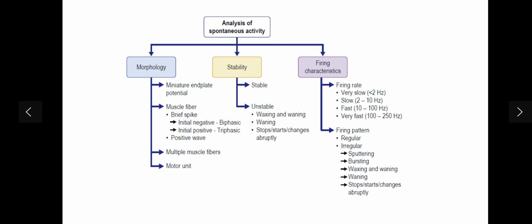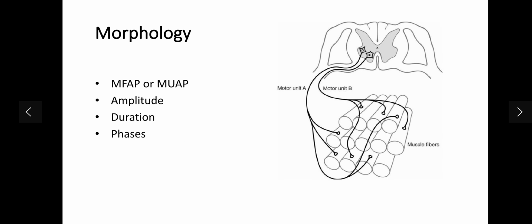To analyze these waveforms, we look at three things mainly: the morphology, what these waveforms look like, and the stability and the firing characteristics. We will talk about these in more detail.